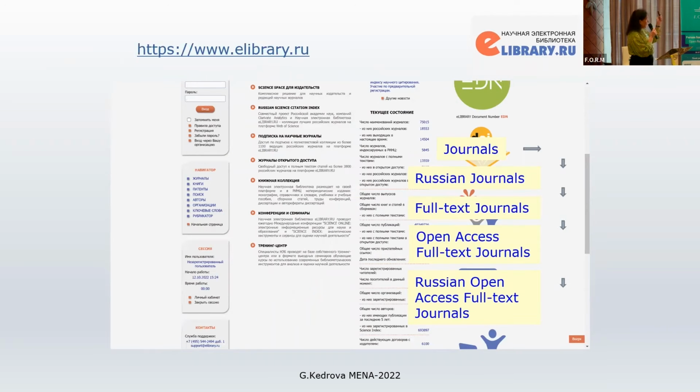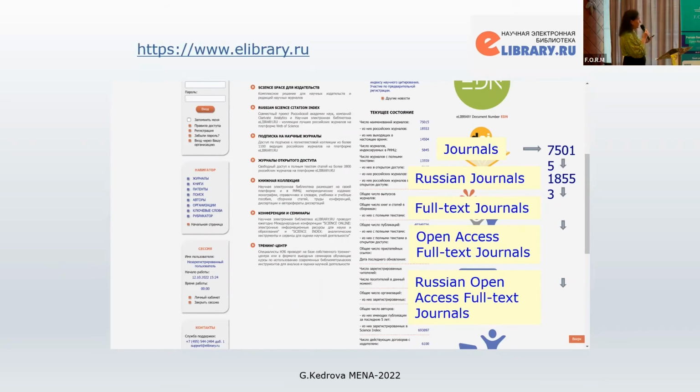E-library is a digital library. It now has 75,000 journals.